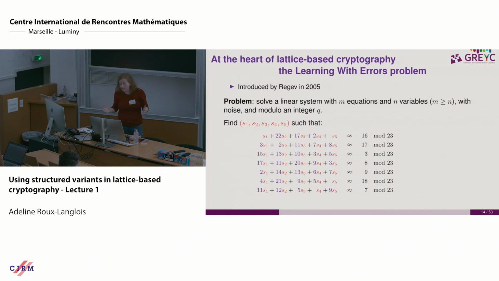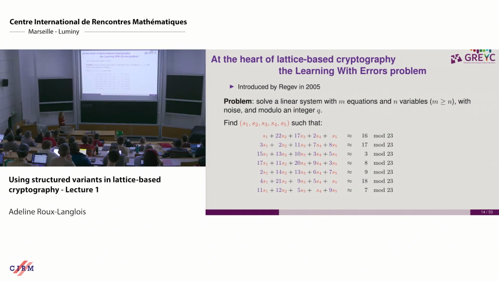So we will define it properly, but to have an idea of what it is, it's really solving a linear system with m equations and n variables. But this linear system is modulo an integer q, so in my example it's 23, and it has noise, so it's not exact equations.